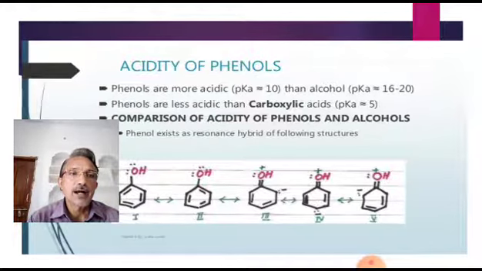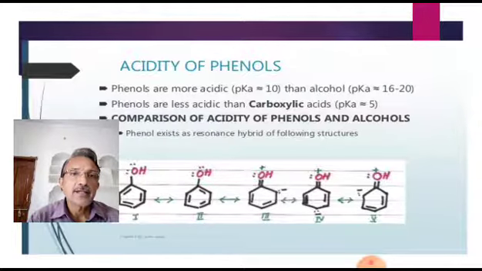The pKa of phenols is approximately 10, whereas the pKa of alcohols is between 16 and 20. So, based on pKa, phenols are more acidic than alcohols. It means phenols can release a proton more easily than alcohols.